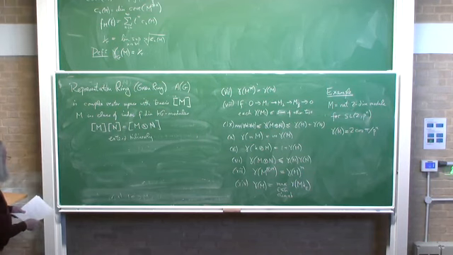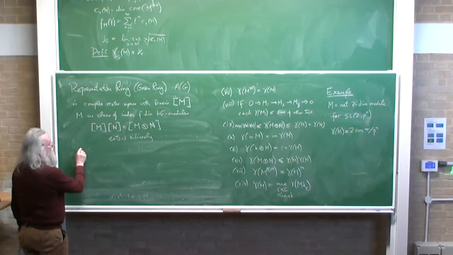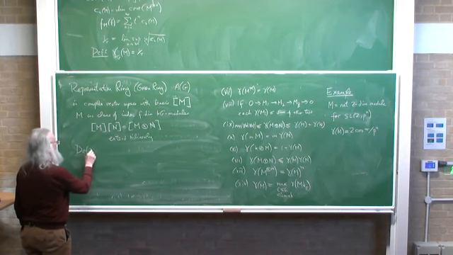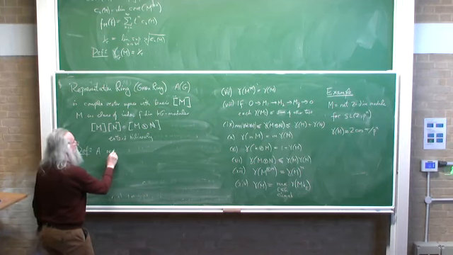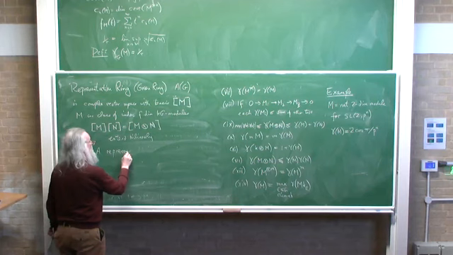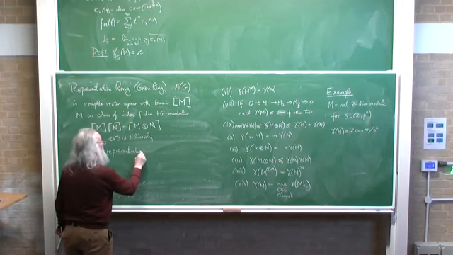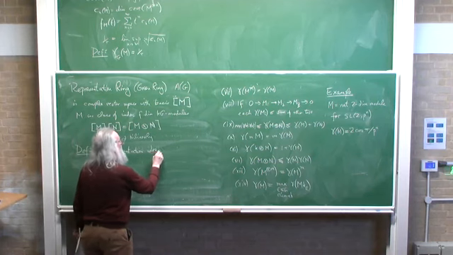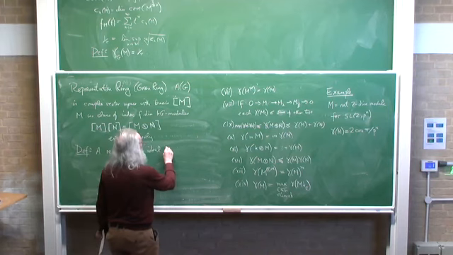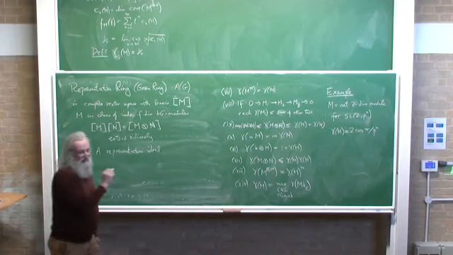And then what are we doing here? Let's make a definition of a representation ideal. And I'm going to abuse some notation here.